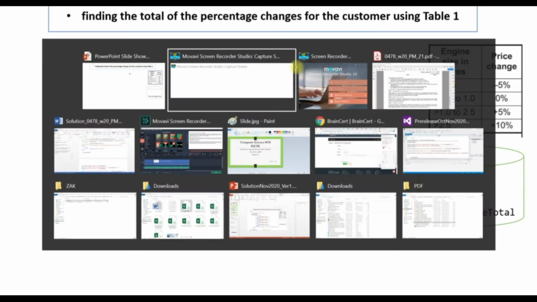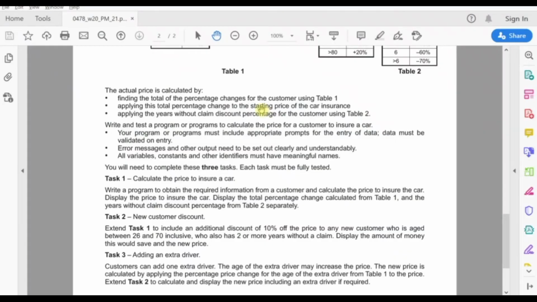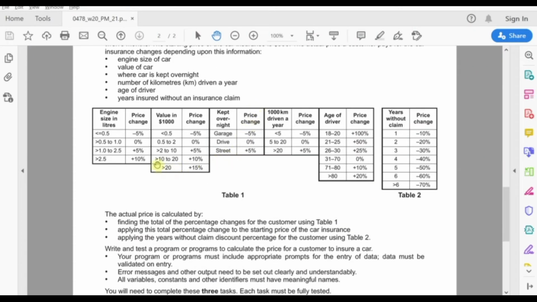The next step here is to find the total of the percentage changes for the customer using table 1. As you can see from the question itself, if we review table 1, we have all the price changes according to the input, for engine size, for example, and also a percentage change of the price if the value of the car changes, and so on.